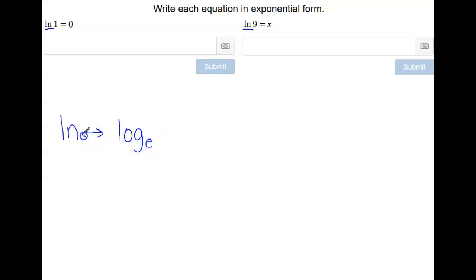Okay, so these two things are the same thing. The reason that we want you to know ln is because on your calculator you're not going to see a log base e button, you're going to see an ln button. So anytime that you see ln, you can replace it with log base e. And most of the time you won't see the log base e, you will only see ln. So you need to know that ln is the same thing as log base e.